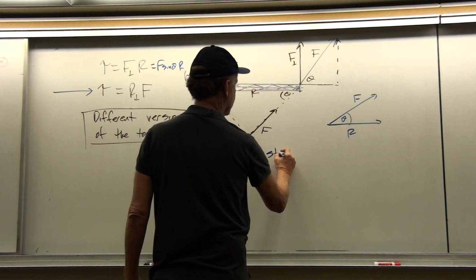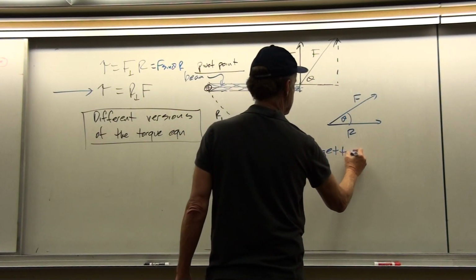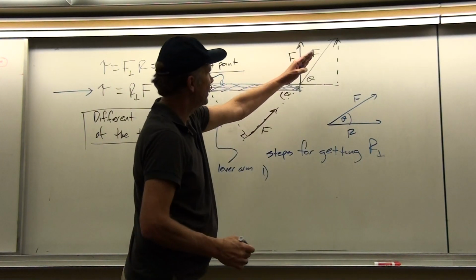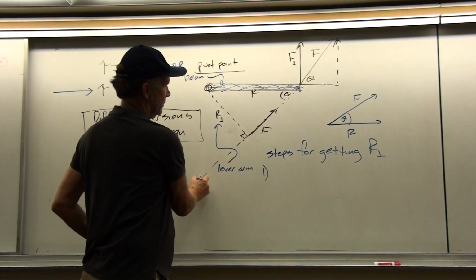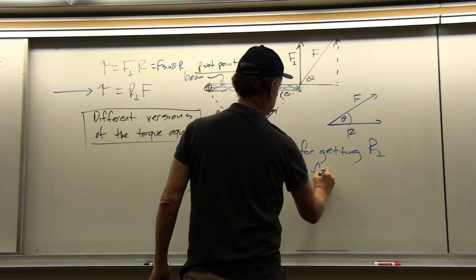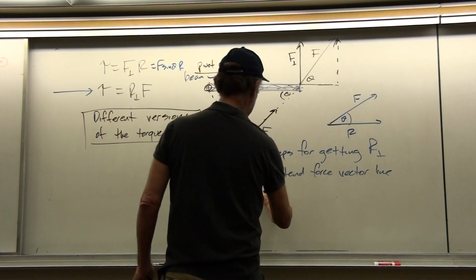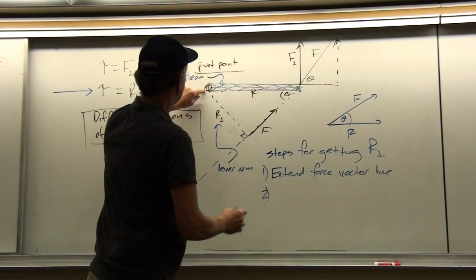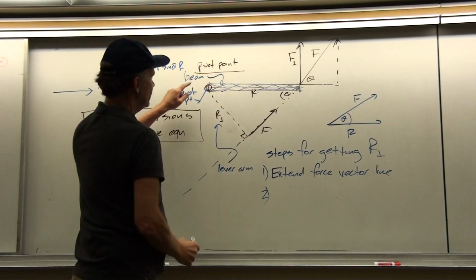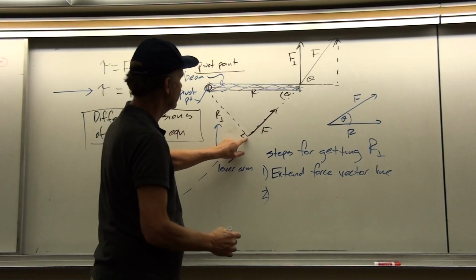And so if we want to write it this way, these are the steps for getting r perpendicular. One is we just extend the force vector line. Step two, we draw a line from our pivot point, which is here, to the point along the path of minimum distance to the force vector line.